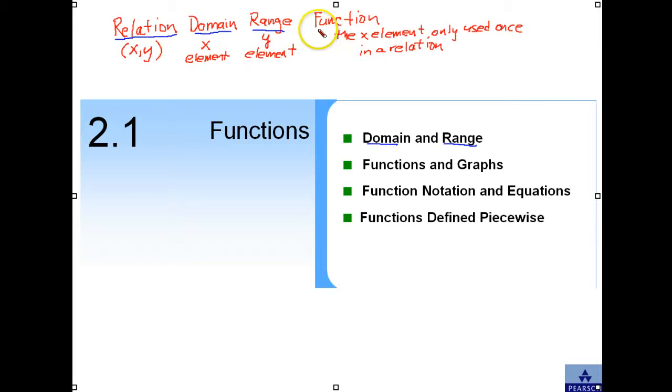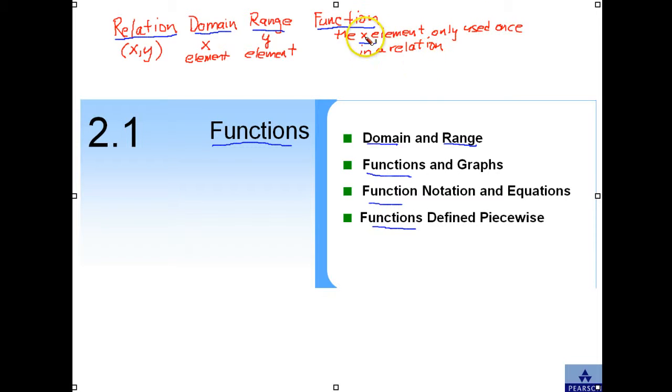And then we will talk about function. This is a mathematical term. That's what this whole section's about. And notice it's mentioned 3 times here. Something is a function if the x element in a series of x elements is only used once in a relation.